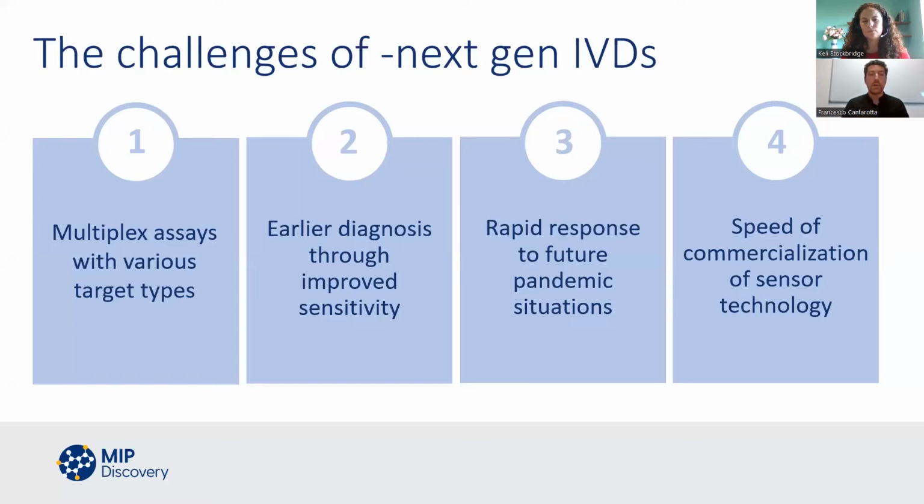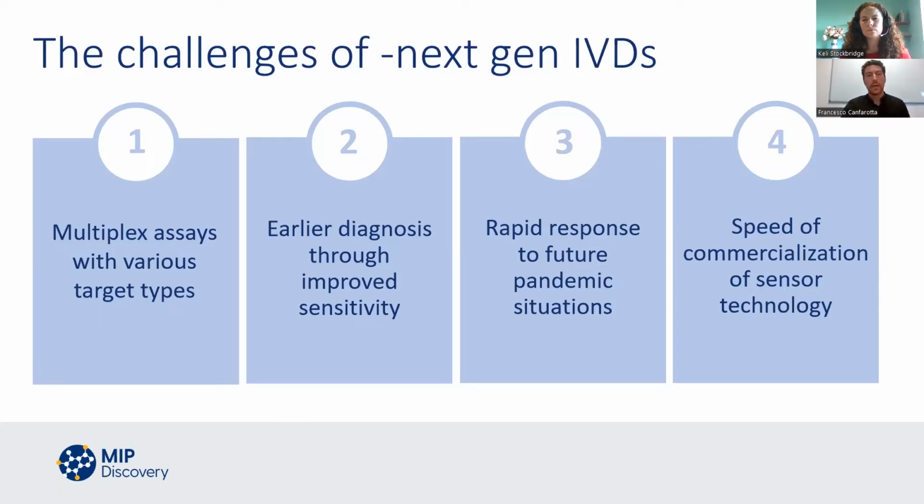The second point is early diagnosis. This is usually achieved by the use of high affinity reagents, which would in turn allow improved sensitivity. Third point is a rapid response to future pandemic situations, as we've witnessed with the current COVID-19 outbreak. And finally, speed of commercialization for sensor technologies.